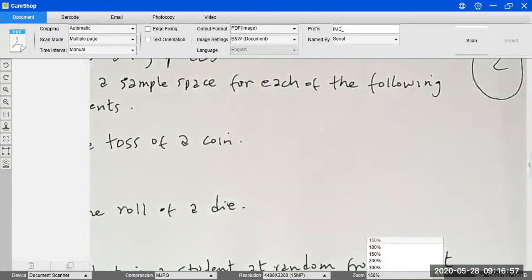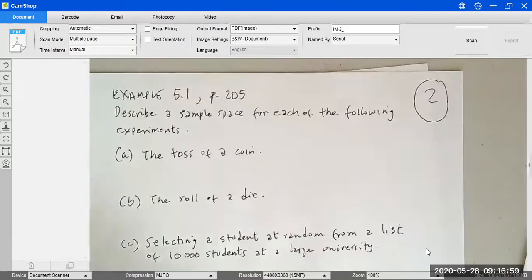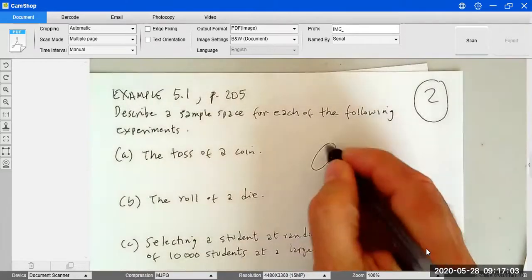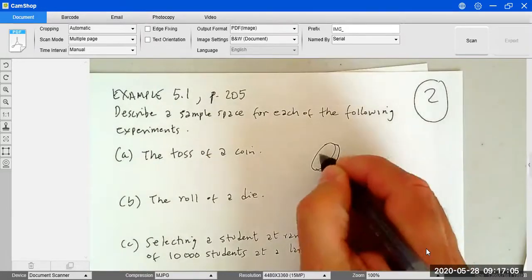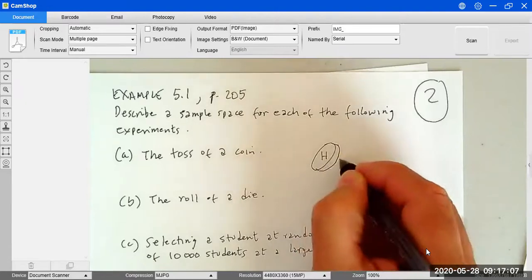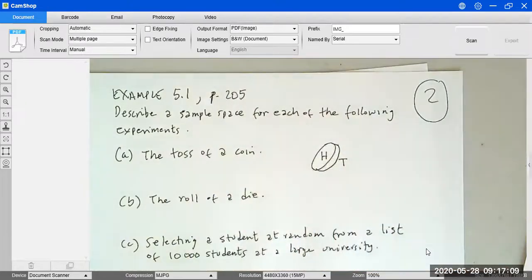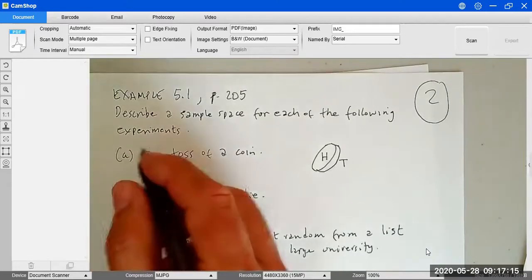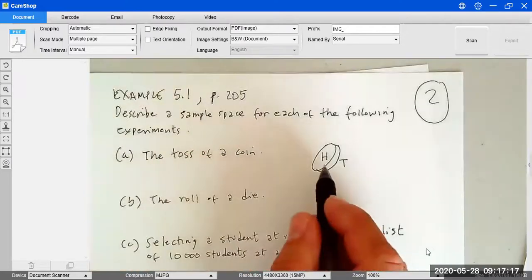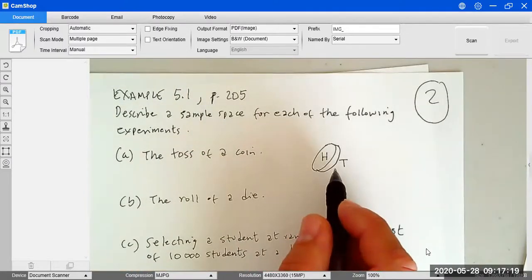We're going to start first with tossing a coin. You know that you have a coin, and you have heads and you have tails. So what are the possible outcomes? The possible outcomes are that either you get a head or you get a tail.